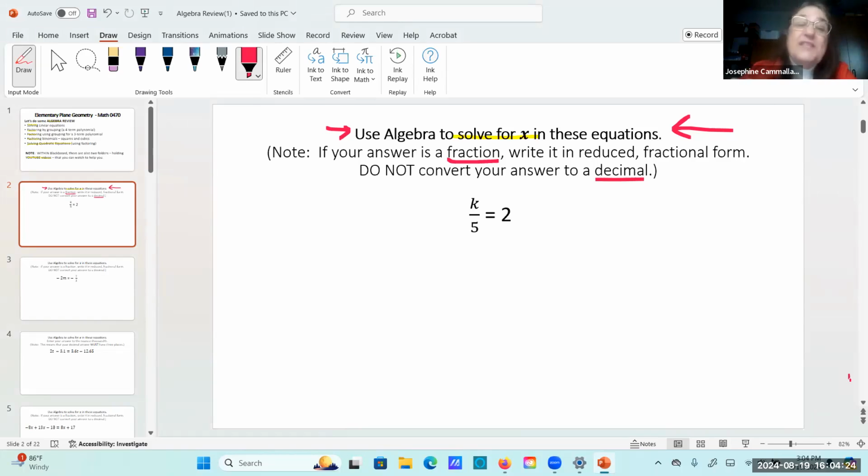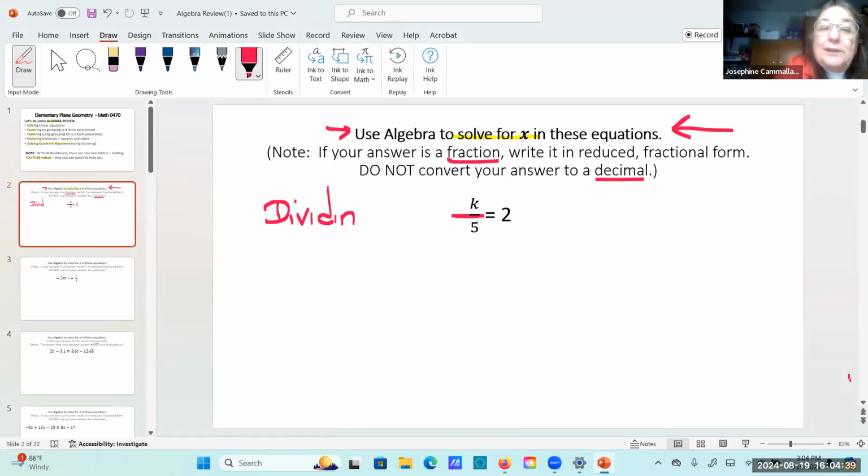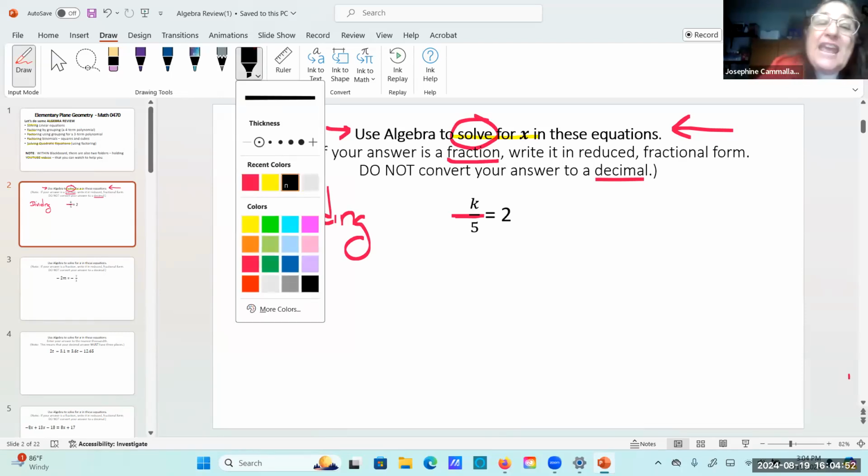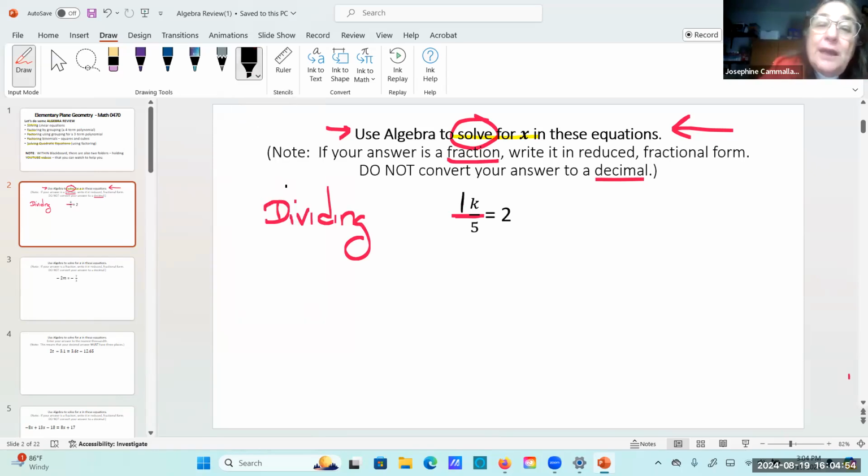Now, in this case, you have to remember what this line means. This line says you're dividing. But to solve, you do the opposite of dividing, which means you have to know that there is a number 1 up here.